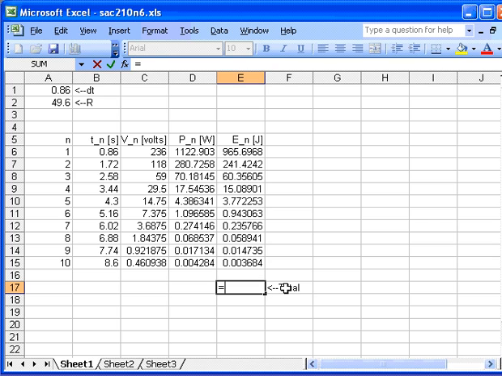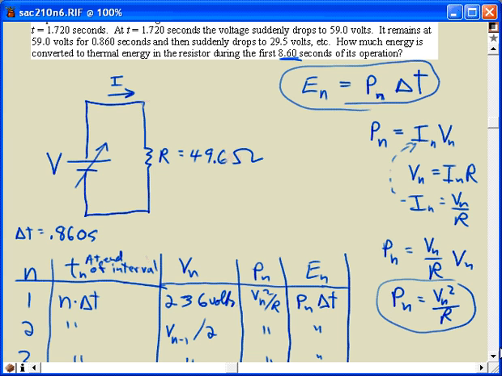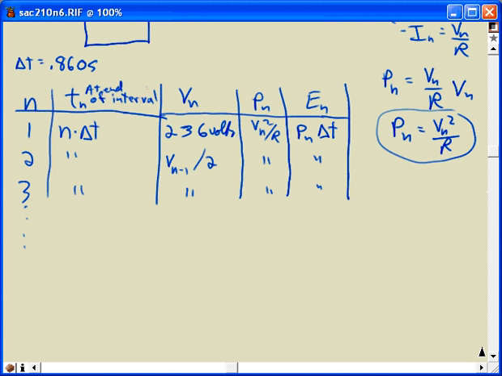So our total energy is just going to be equal to the sum of all these. Sum of, and I'm just going to select all those guys, close parentheses. So I'm getting 1288 to 4 sig figs. That's actually 1 extra sig fig, but I'm going to write it down that way.